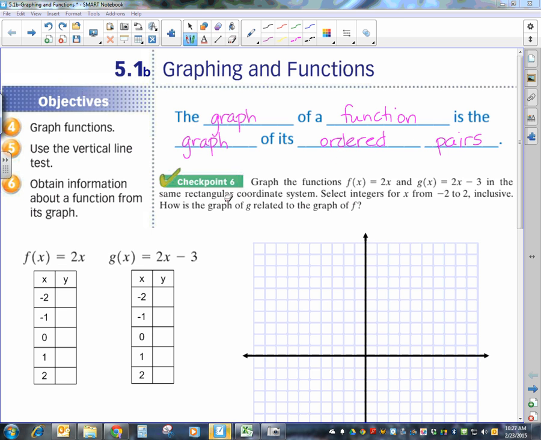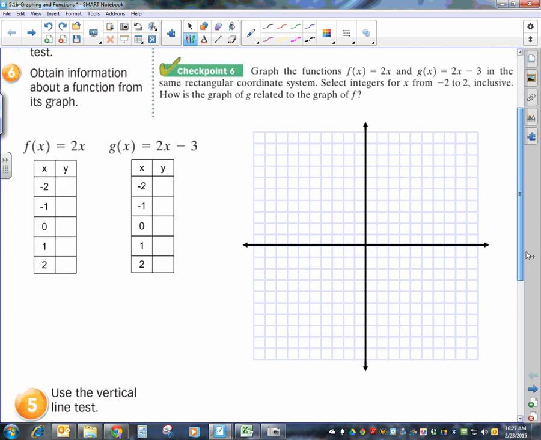So to start off with, what you're going to practice is graphing two functions on the same rectangular coordinate system. They asked us to select integers from -2 to 2 inclusive, so I gave you some charts. And then they asked us to tell them how the graph of G is related to the graph of F. So to begin, when I plug in -2, -2 times 2 is -4, -1 times 2, 0 times 2, 1 times 2, and 2 times 2.